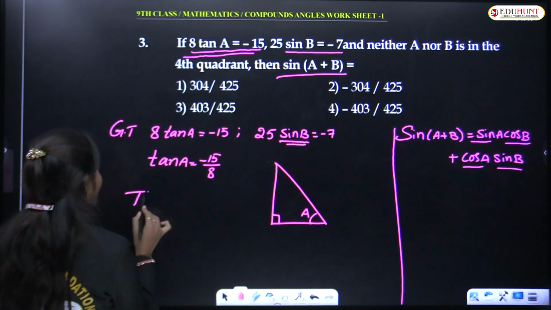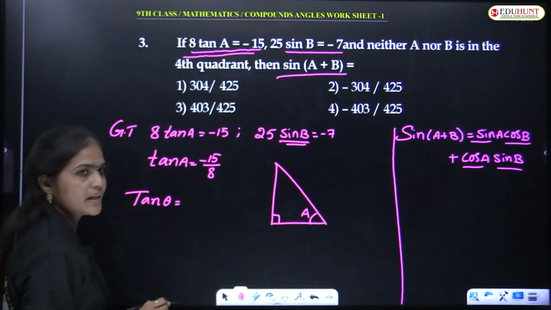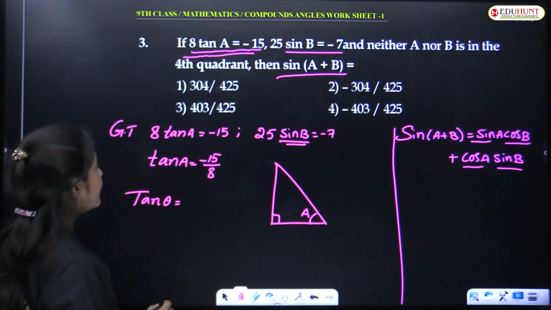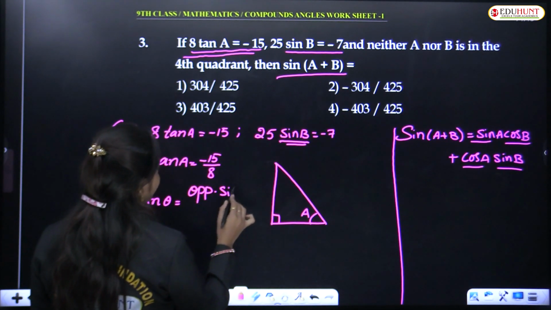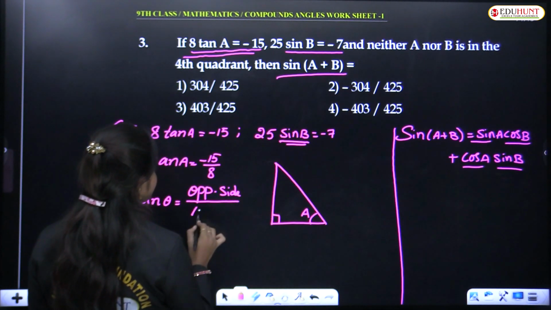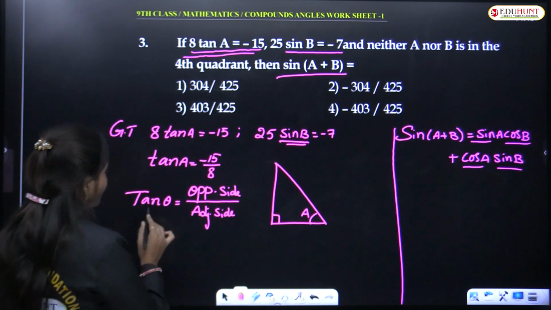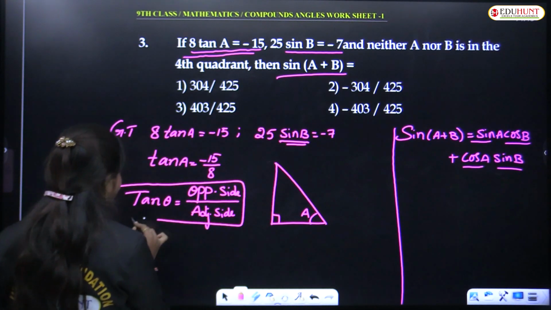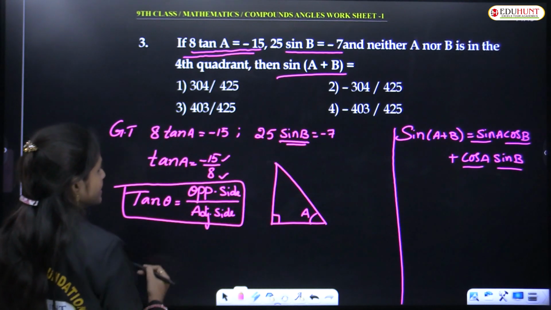Tan theta is equal to, what is the formula here? Opposite by adjacent. Already we know this, right? Opposite side by adjacent side. This is the opposite side and this is the adjacent side.